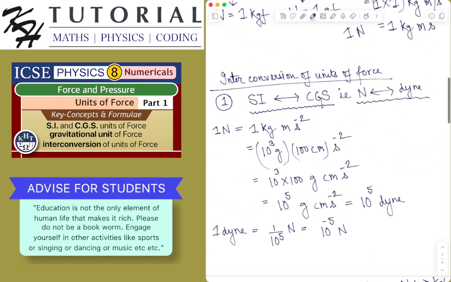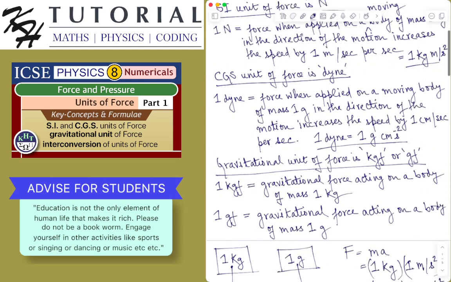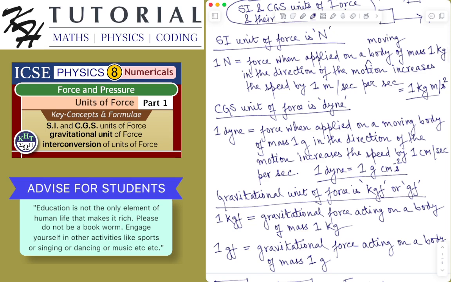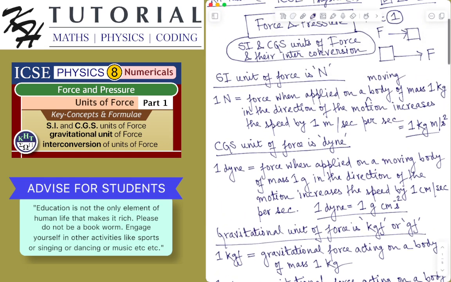That is all for this video, where I discussed the units of force: SI unit, CGS unit, and the gravitational unit of force. What actually 1 Newton means, and that 1 Newton is equal to 1 kilogram meter per second square. This is coming from the fact that force is equal to mass into acceleration, ma.